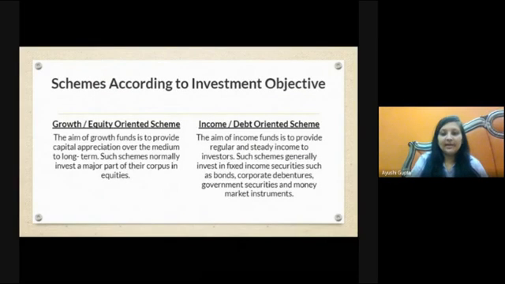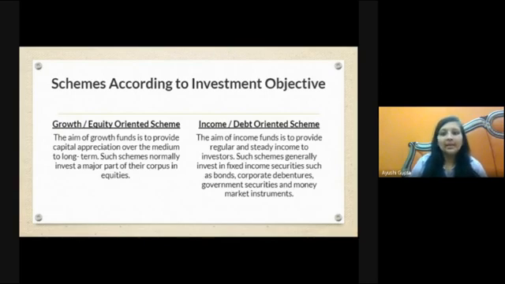The second classification is on the basis of investment objective. There are 6 categories. The first is the growth or equity-oriented scheme, whose aim is to provide capital appreciation over the medium to long term.